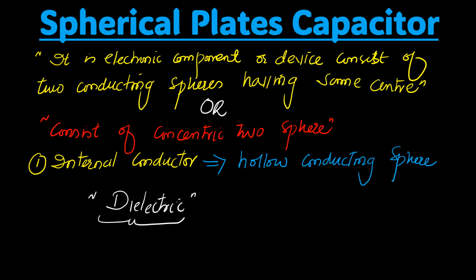Most commonly, the region between them is empty, and that is why the permittivity epsilon naught is used in the capacitance of the capacitor. However, if there is another medium present between the internal and external conductors, then the relative permittivity will be used.